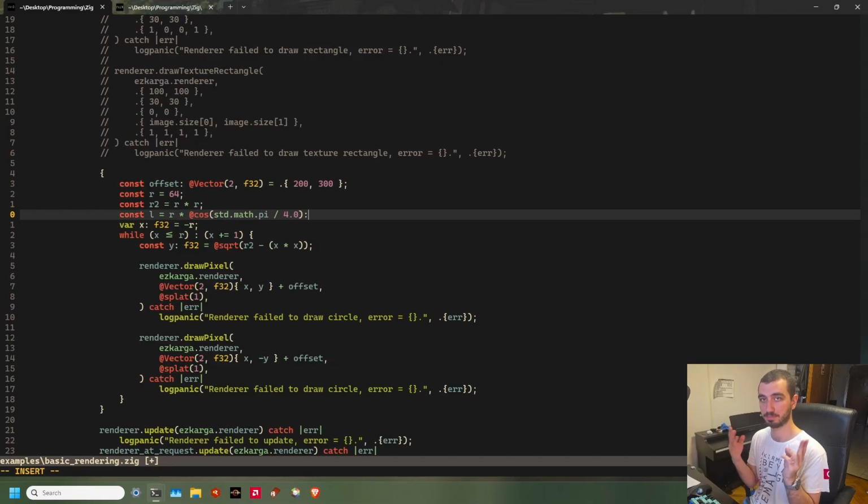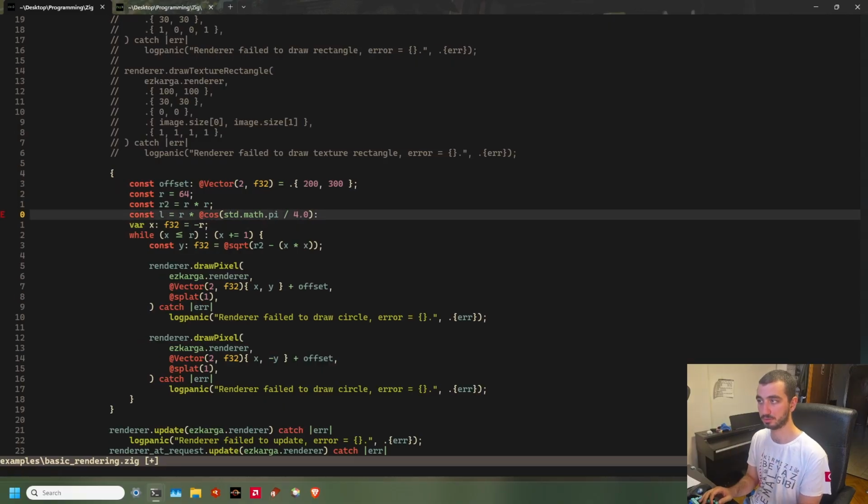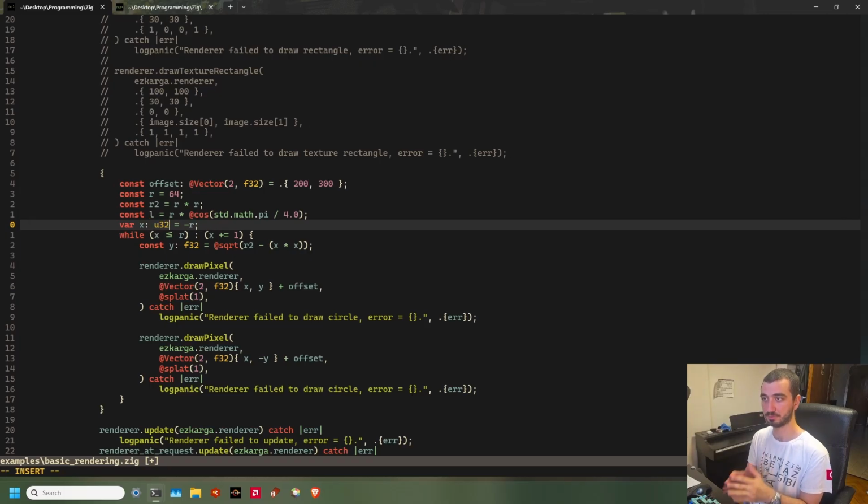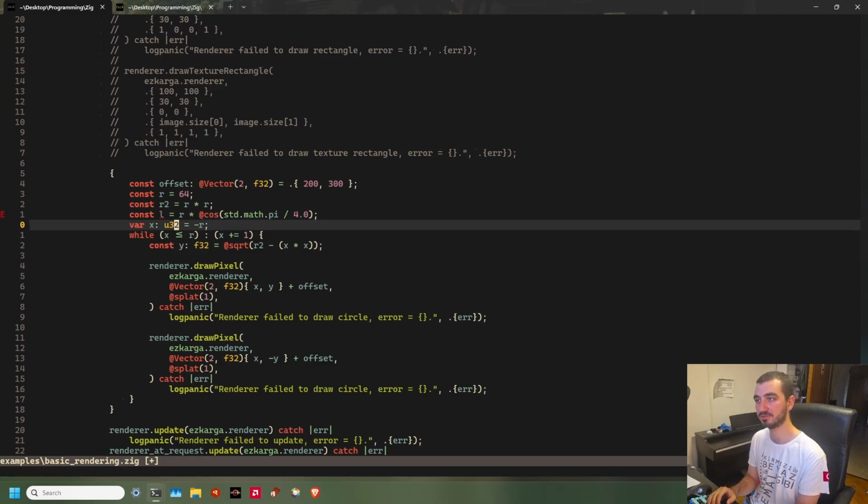This is one portion of the circle. And I'm going to be using unsigned integers now. The reason is that the square root algorithm on integers is a bit faster than the float one, at least in the Zig standard library, I think. Although it doesn't really matter, you can use float as well, yeah.